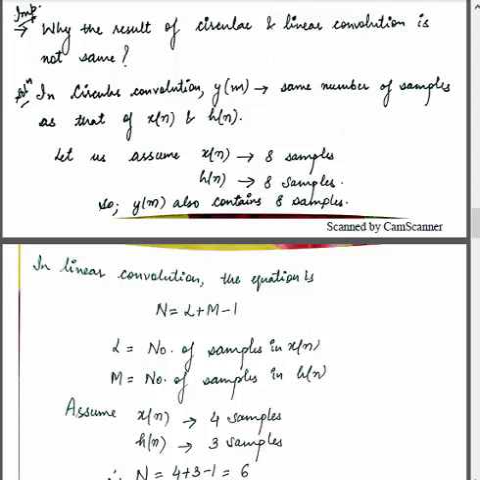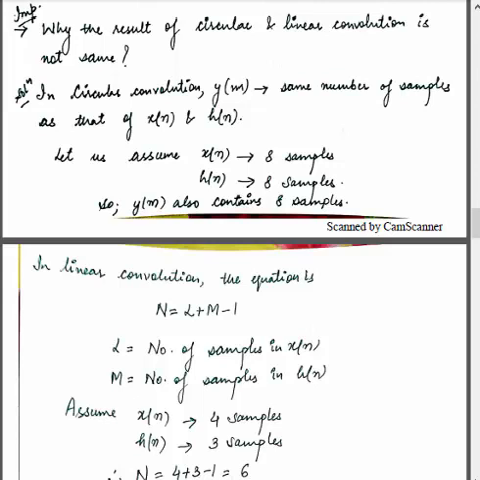Before proceeding to today's topic, the first question is why the results of circular and linear convolution are not the same. Circular convolution and linear convolution have been discussed in our previous lecture.